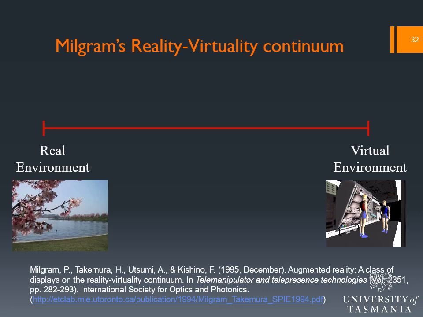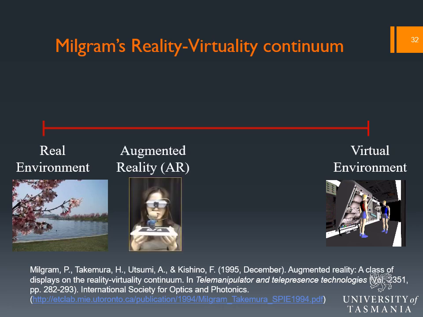And we have the continuum, which is a red line there, a spectrum. And right in the middle is augmented reality, which is one of the key focuses of our unit, where the virtual content coexists in the real world. In this case, it's a little animated character sitting on a physical card that the lady holds.